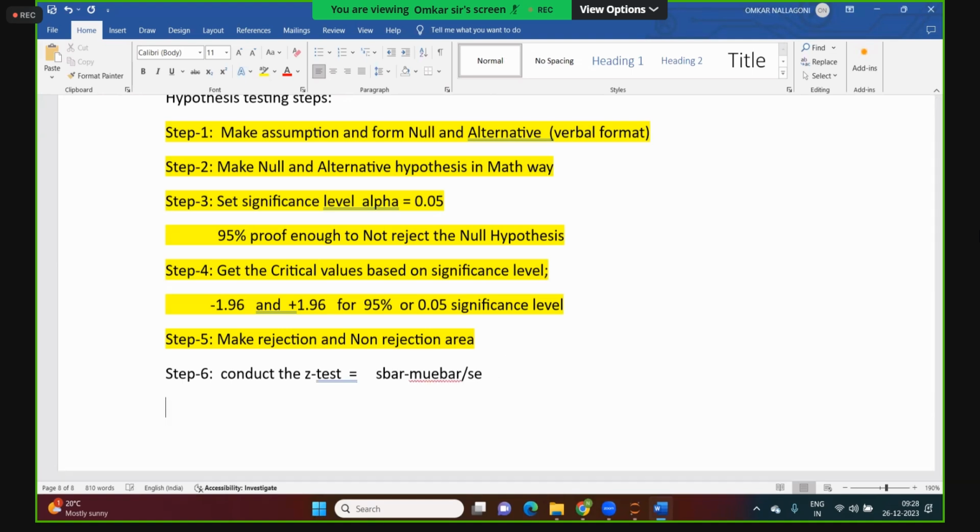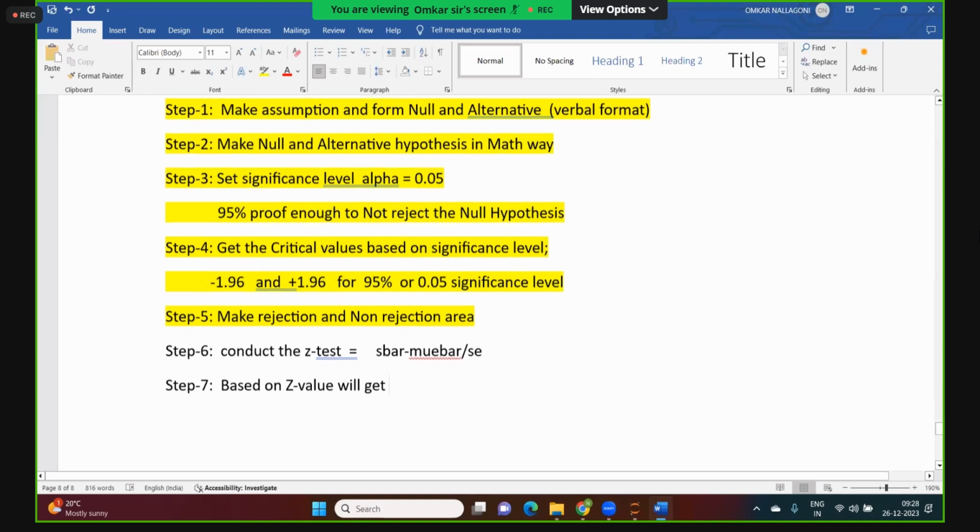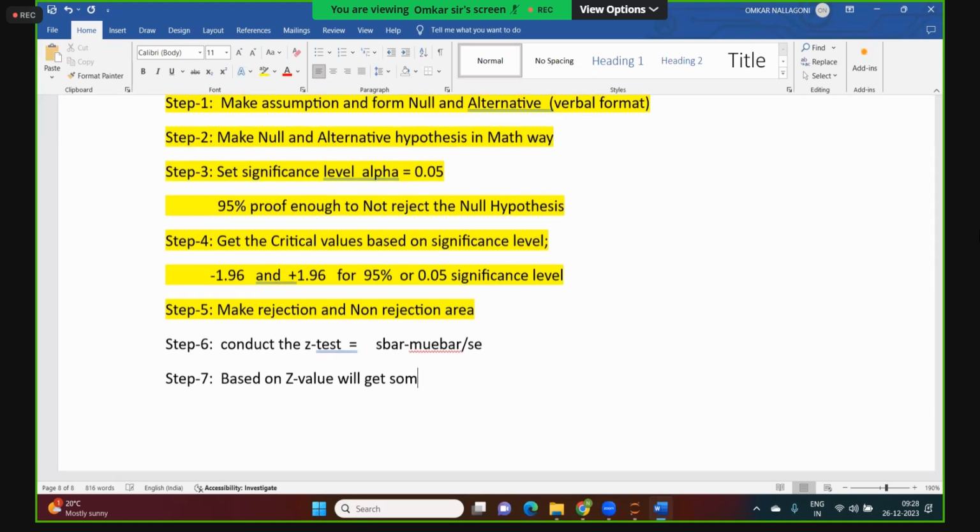Then step 7: based on the Z test value, you will get some values, and those values are nothing but observed values.